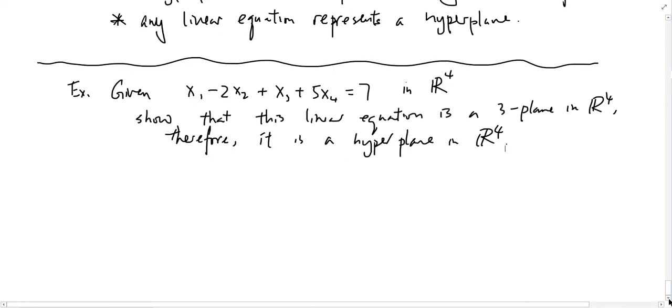Well, actually it's pretty simple. If I look at this equation right here, it has four variables: x1, x2, x3, and x4. In order to put it in parametric representation, what I'm going to do is the following.